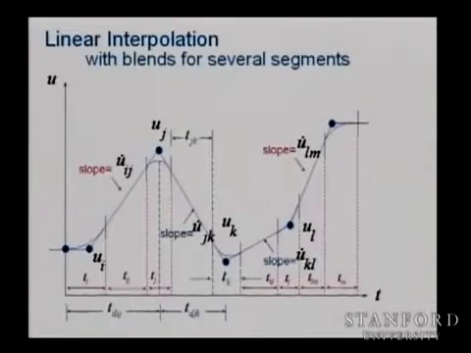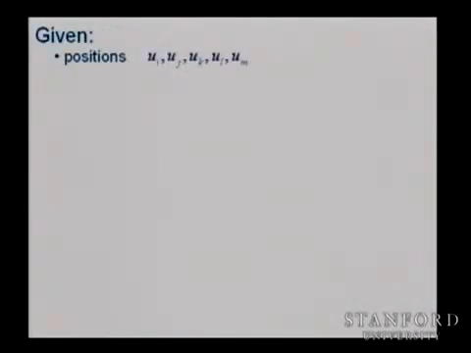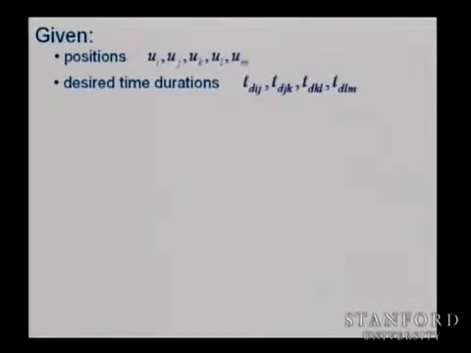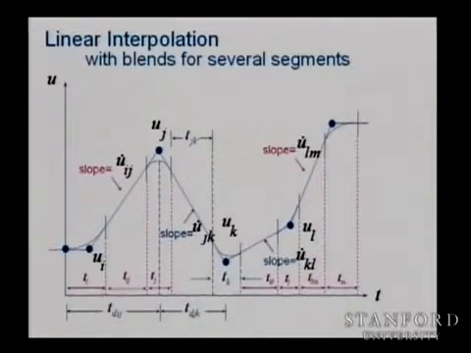Actually, let's go back and look at that. What is given is the positions u sub i, u sub j, u sub k, u sub l. Those are the points that we want to go through, right? The initial, the final point, and the intermediate points. That's one of the things that is given. Then the next thing is the desired time durations for the entire trajectory from one point to the other.